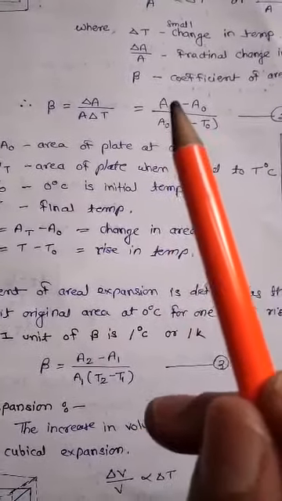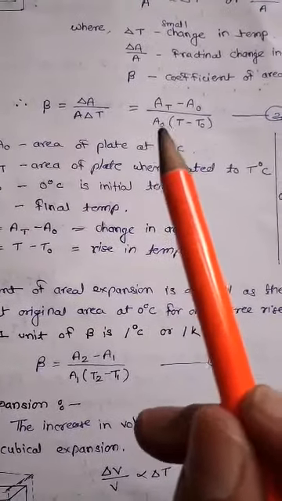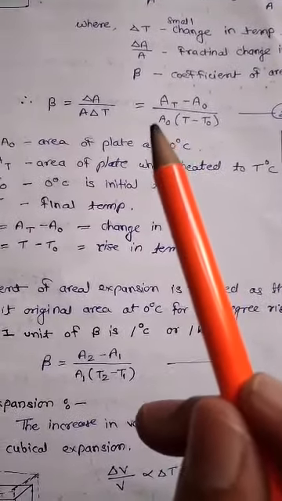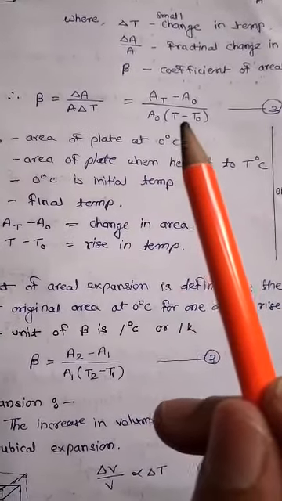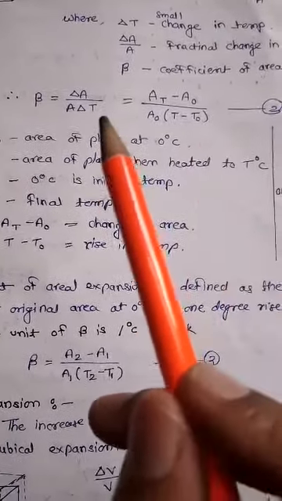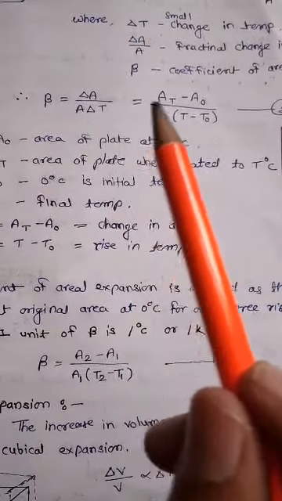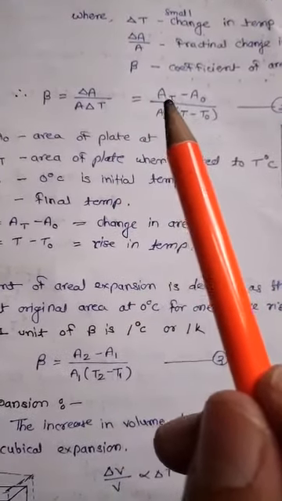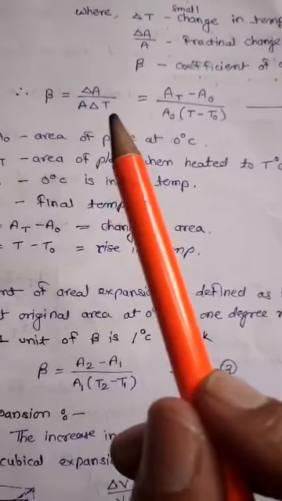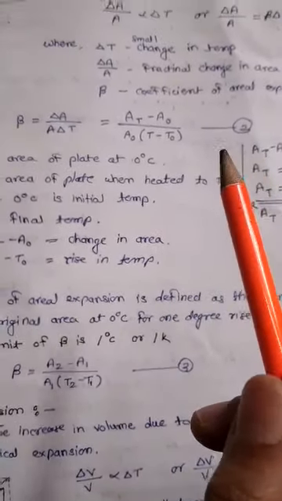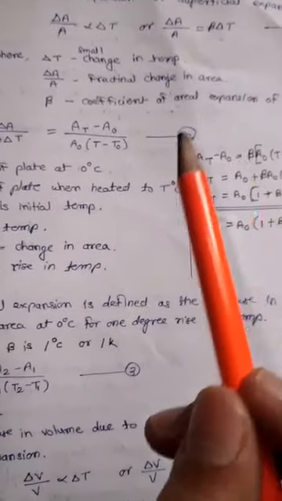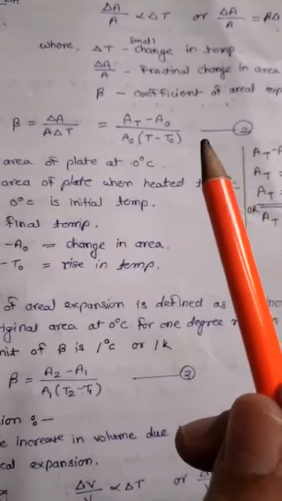So beta is equal to AT minus A naught upon A naught, where A naught is also the initial area, into T minus T naught, which is the change in temperature. Delta A is written as AT minus A naught, and delta T is written as T minus T naught. This is equation number 1, and this is equation number 2.